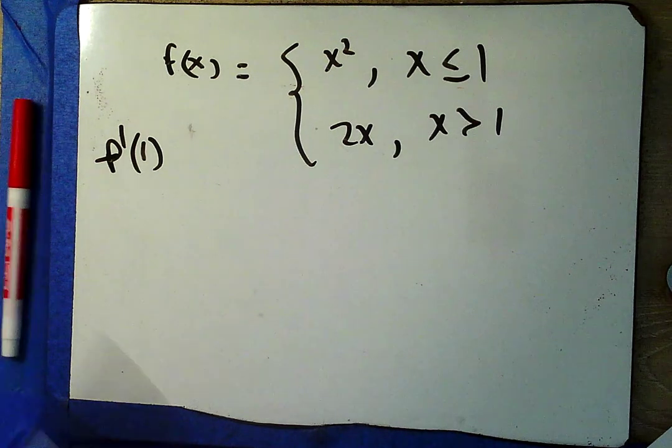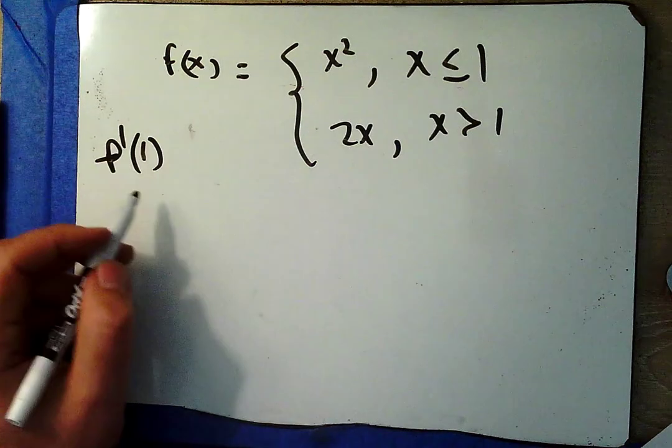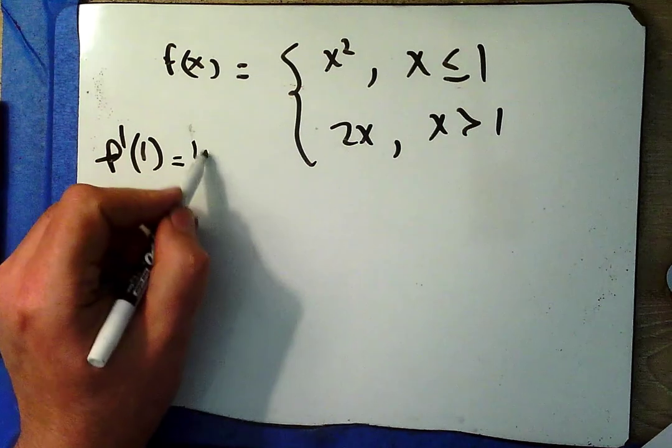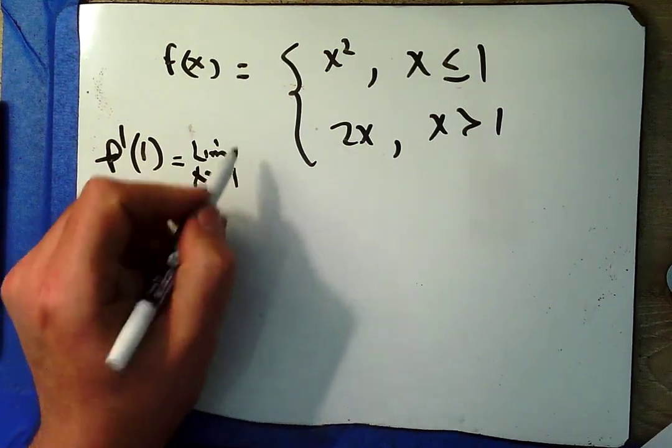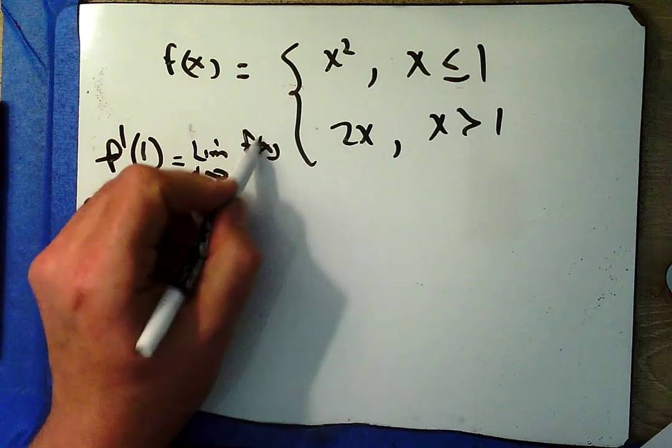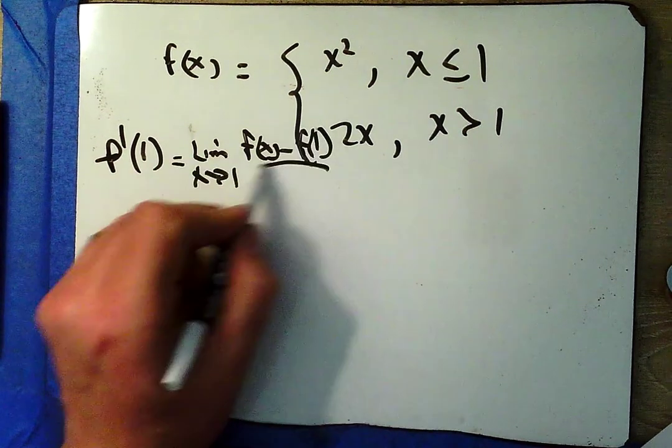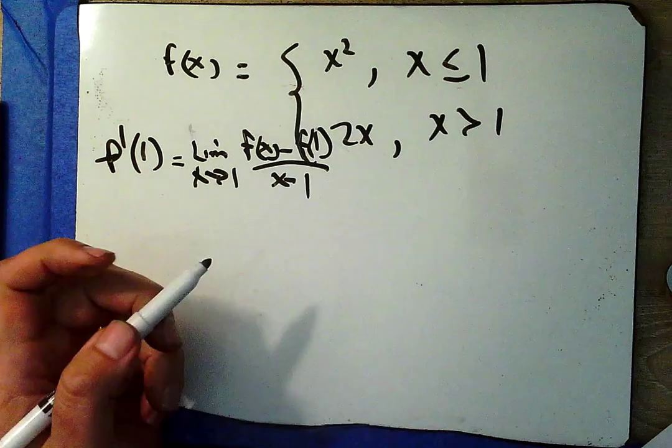Okay, welcome back. So f prime of 1 will only exist if the limit as x approaches 1 of f of x minus f of 1 over x minus 1 exists.